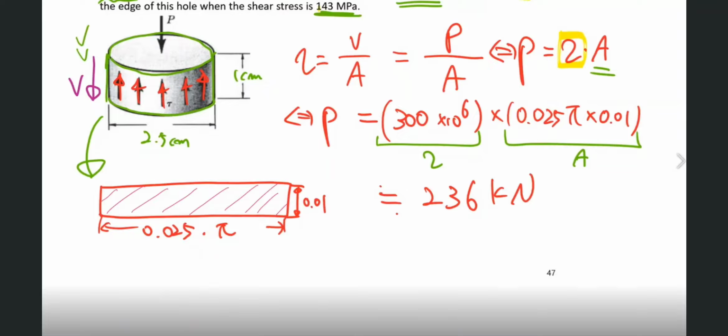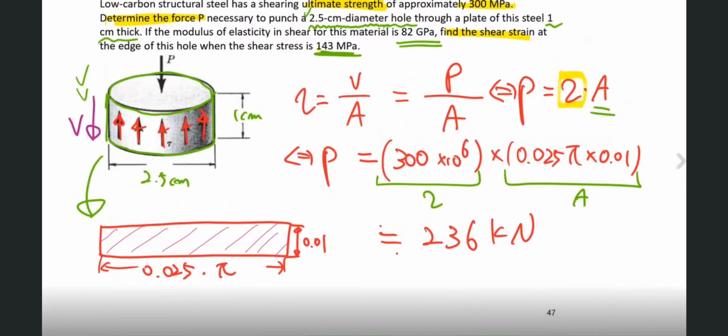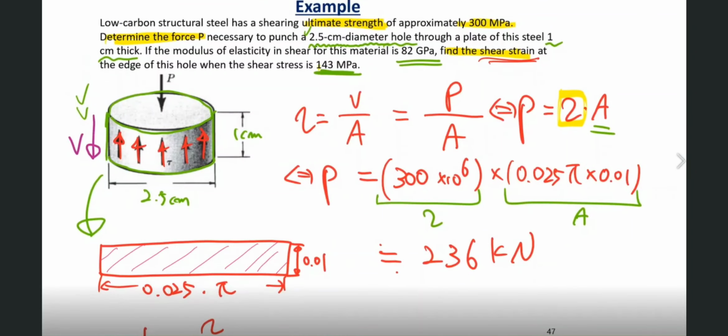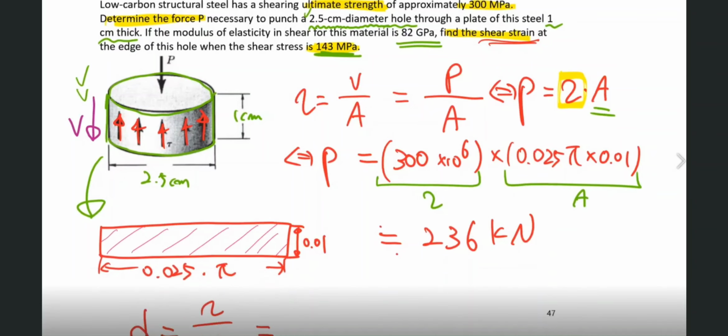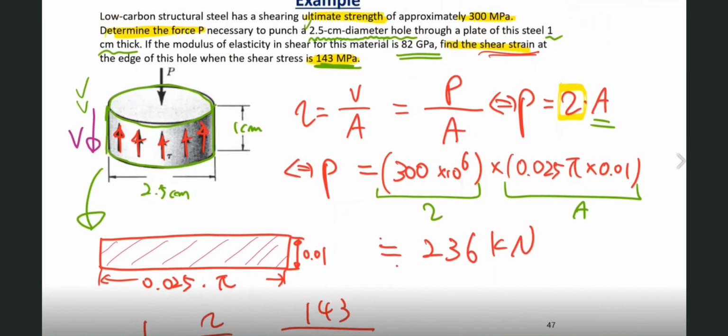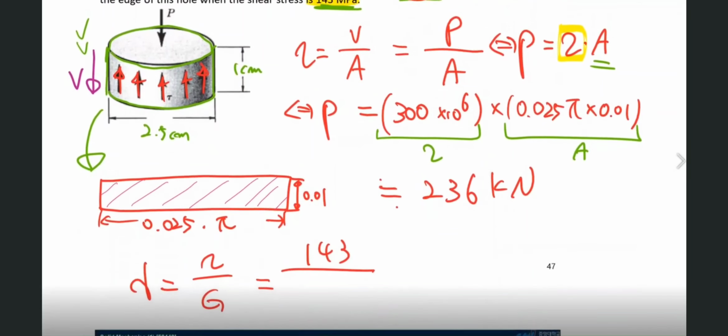Okay, and now we have to find the shear strain, and we know the basic definition. Gamma is equal to what? Tau over G. And tau is, in this case, the shear stress at the edge of the hole, 143 megapascal, and G is already given here, 82 gigapascal.